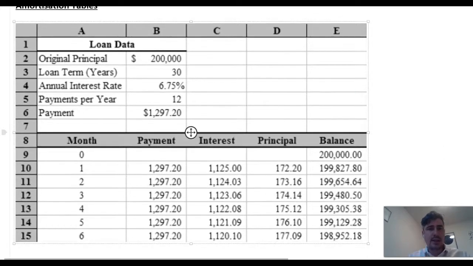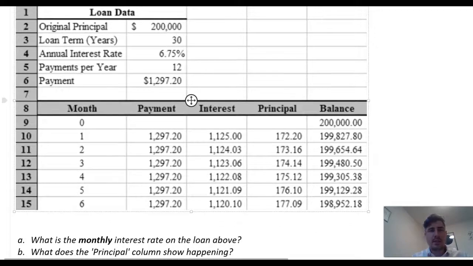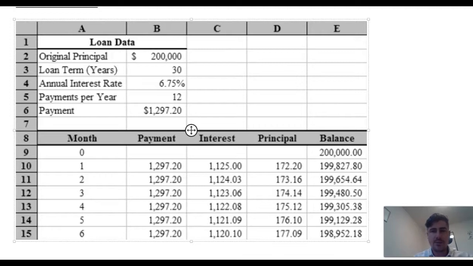So if we look here at each month, we can see that what's happening is at month 0, so before the loan starts, we owe 200,000. We make a payment of 1,297.20. And that comes off the loan, so effectively that's like a minus from the balance.